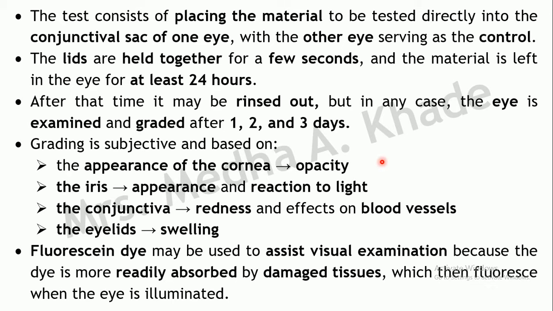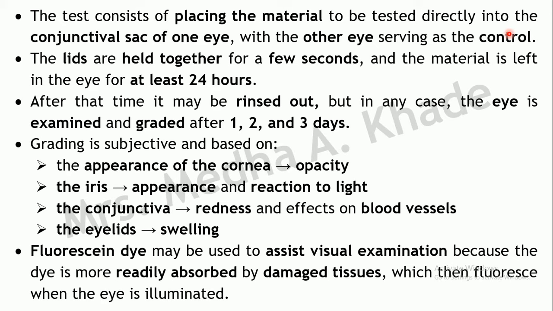Firstly, the test substance is placed in the conjunctival sac of one eye of the animal, and the second eye serves as the control, which is not administered the drug.